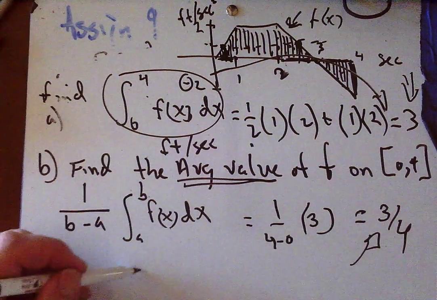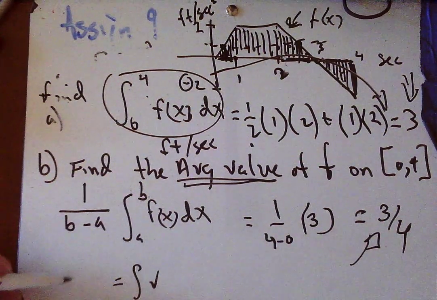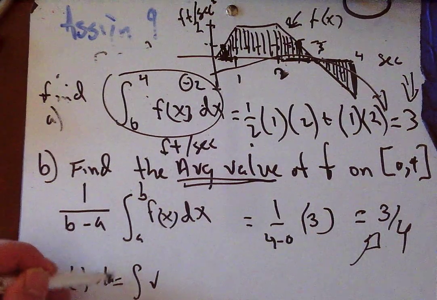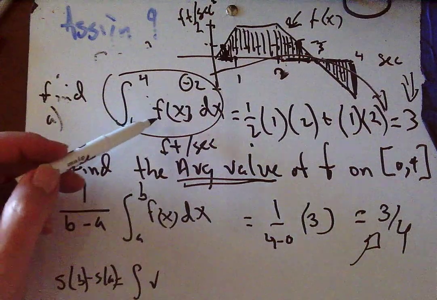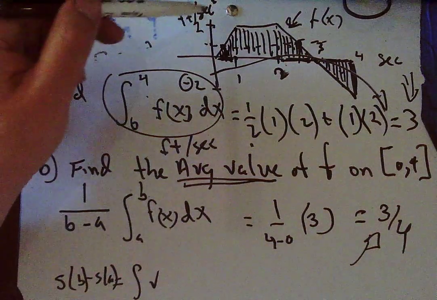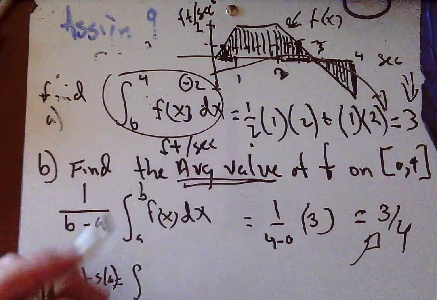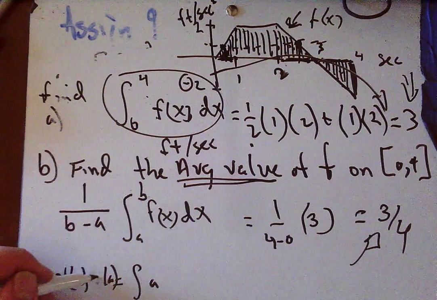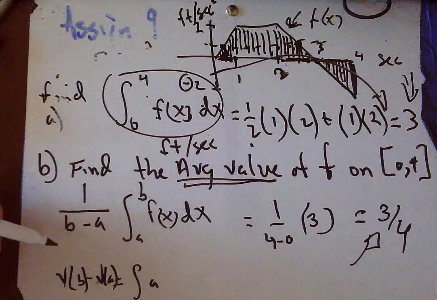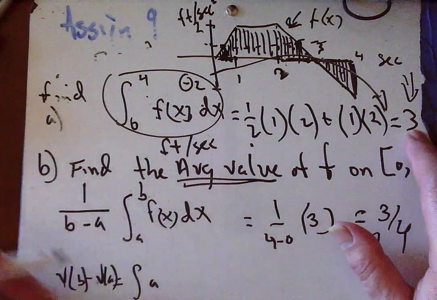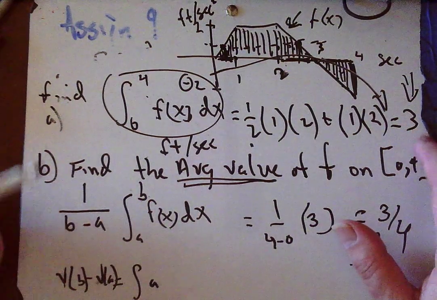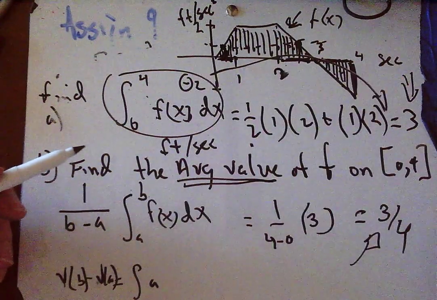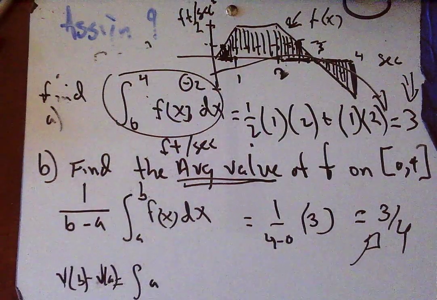I know if I integrate velocity, I get a change in position. But here, I'm integrating feet per second squared. I'm integrating acceleration. And so what I'm getting is a change in velocity. Because this number is positive, velocity is increased by 3 feet per second over the interval from 0 to 4. Okay?